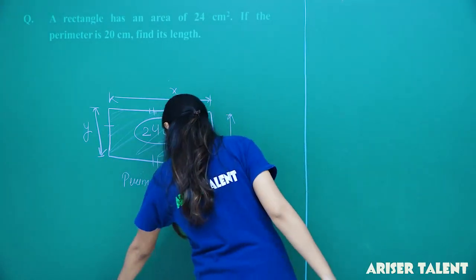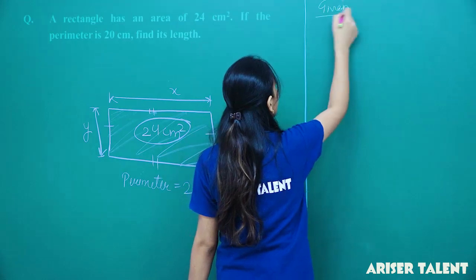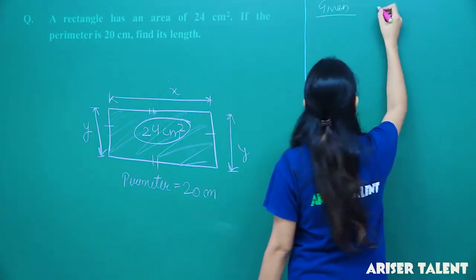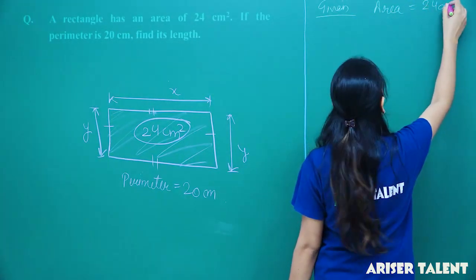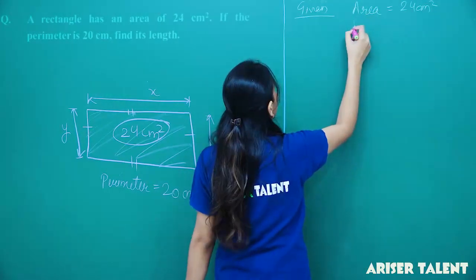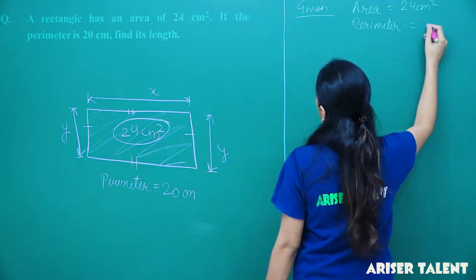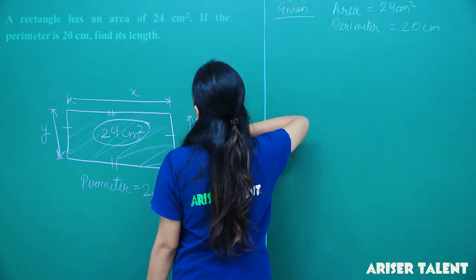Here, students, in the solution part, we have been given some information like what? Area equals 24 centimeter square, perimeter equals 20 centimeter, right.